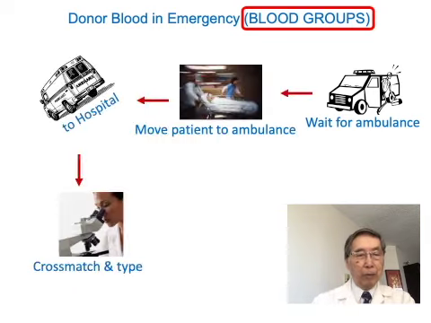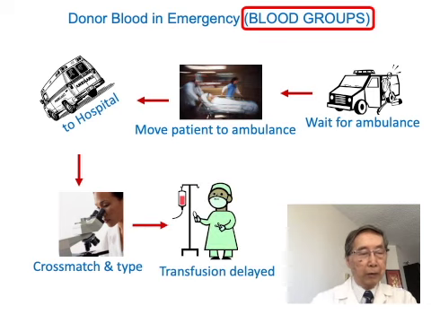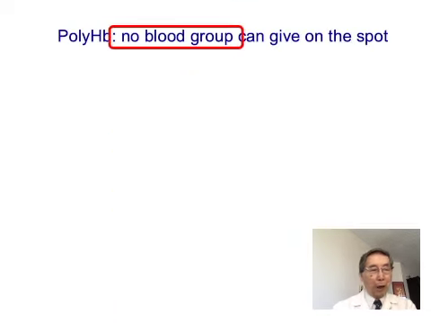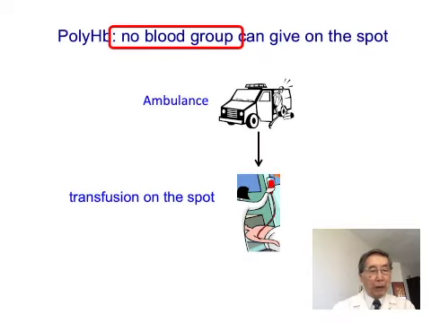For instance, you have to wait for the ambulance to bring it to the hospital to cross-match before you can give it to the patient, resulting in much delay. Now, polyhemoglobin has no blood group, so you can give it right away in the ambulance without delay of going back to the hospital. Can you do this?